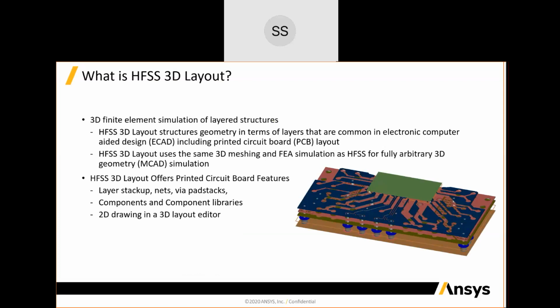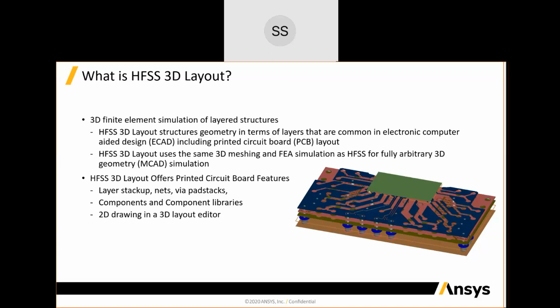So within 3D Layout, everything we're dealing with is defined based on, as I said, things that are similar to printed circuit boards. So we have a layer stackup, which defines that each layer has a certain thickness, and everything on that layer will have very specific material properties.